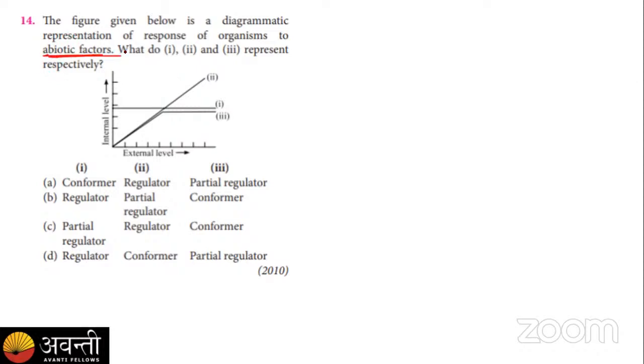Now we have to find out, according to this graph, which line is expressing which kind of organism. Given here are the four options. You have to find your correct answer, right? So I'm launching the poll, and the poll will remain for 30 seconds. So try to give your answer in those 30 seconds.